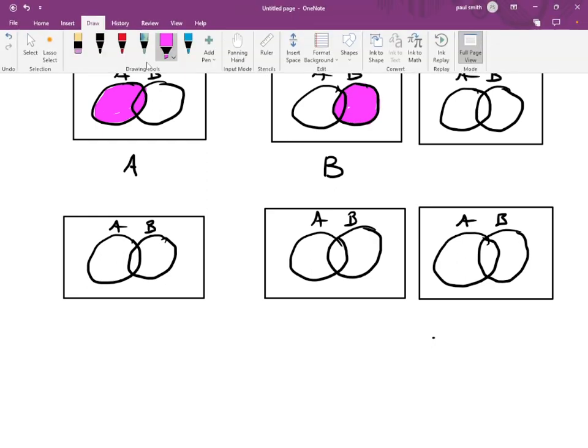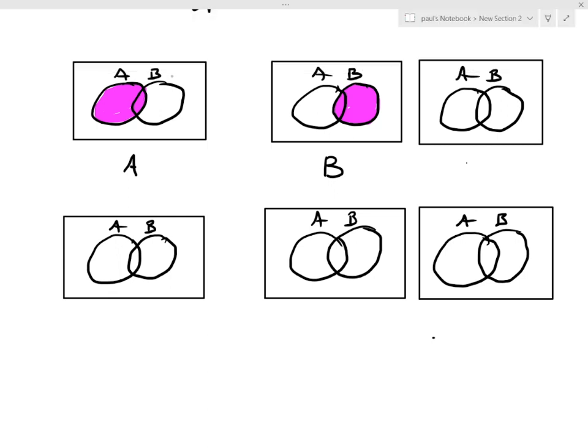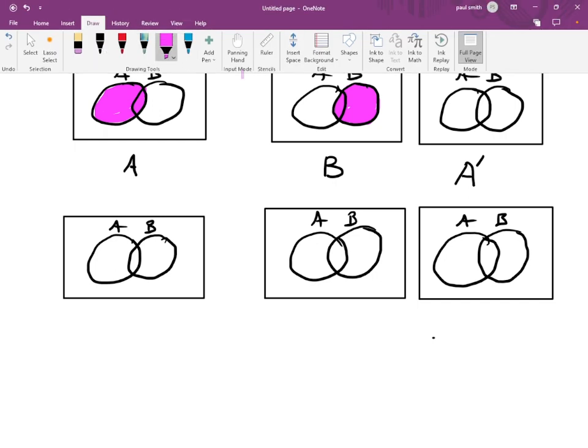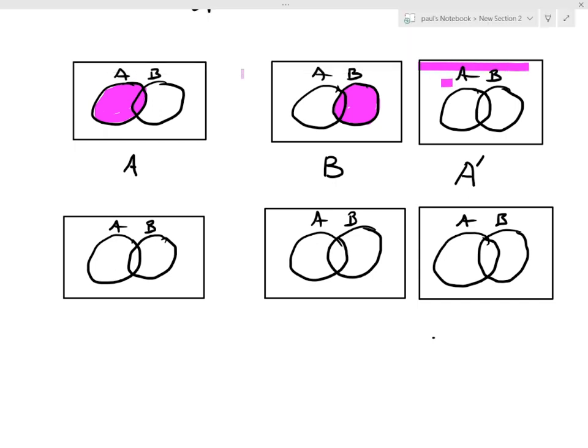And now we'll shade in everything that is not in A. Everything that's not in A, and this will include this bit here.